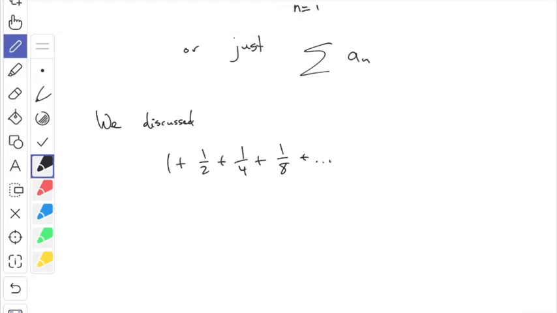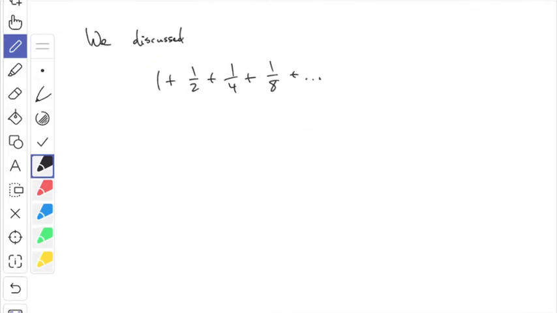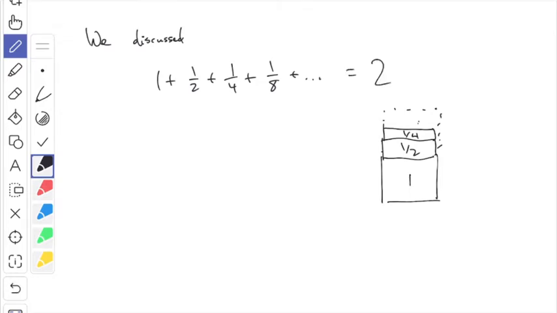I had these two boxes: when you add in a half, it's here; when you add in a fourth, it's like that, etc. This actually adds up to 2.